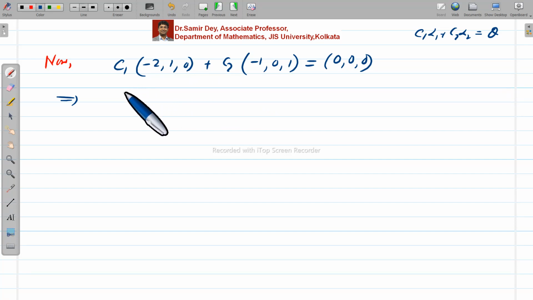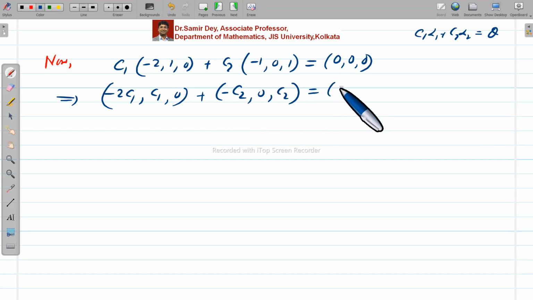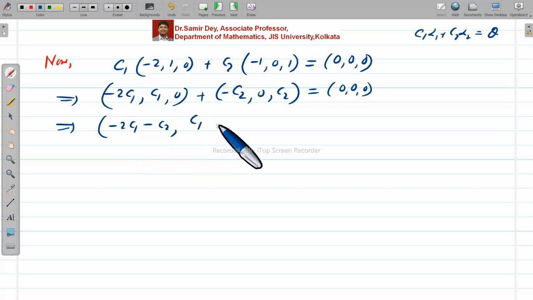Now let's see whether it is coming or not. So minus 2 C1, comma C1, comma 0, plus minus C2, comma 0, comma C2 is equal to 0, comma 0, comma 0. So if I add component-wise, it is coming minus 2 C1 minus C2, comma C1, comma C2 is equal to 0, comma 0, comma 0.